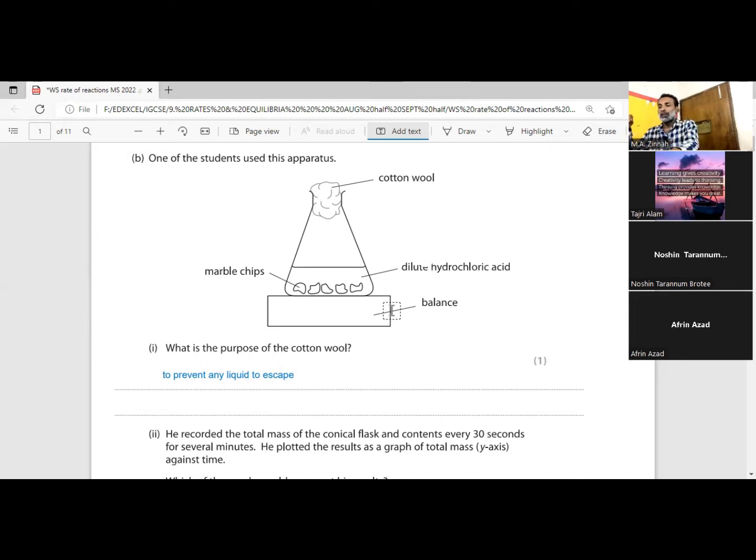So we just let the gas, carbon dioxide gas, escape, and we monitor the change in mass.